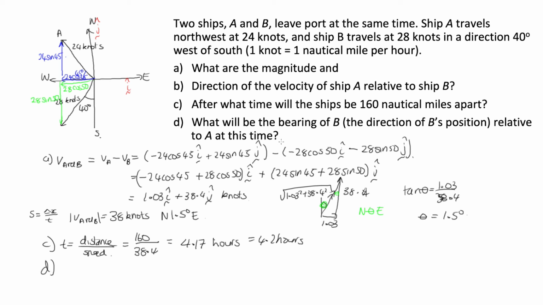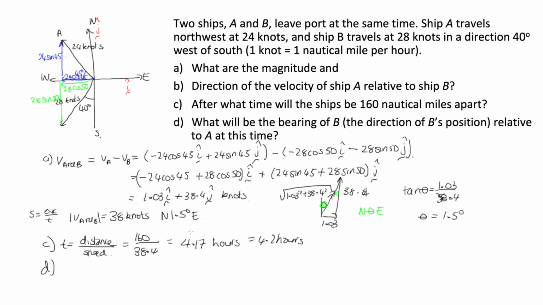Part D then says, what will be the bearing of B, the direction of B's position, relative to A at this time? Okay, so when we were calculating the first part, we were assuming that B was stationary and A was moving, and this gave us the direction that A would travel in that case.